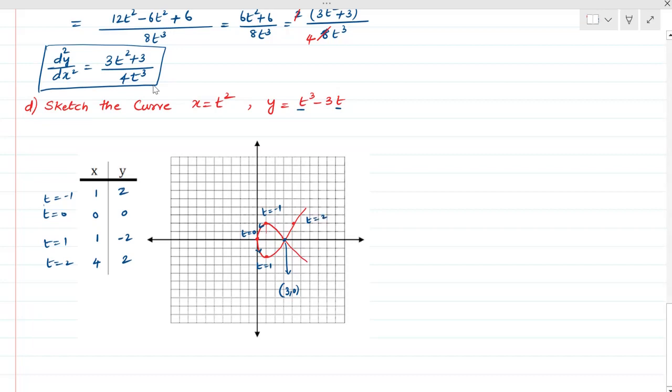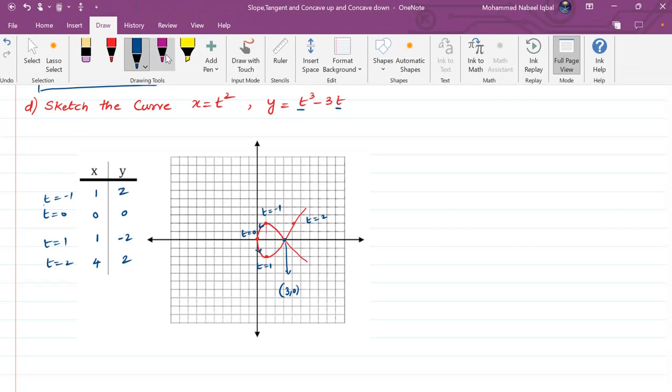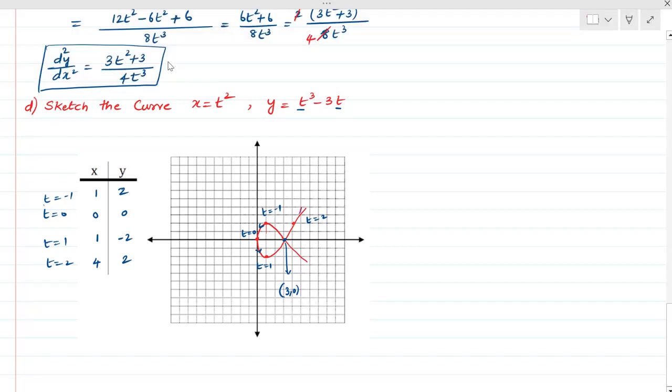And where are the tangent points given? This is the tangent you will have. There are two tangents at this point. One will be like this, and this is the other tangent. So there are two tangents at the point 3 comma 0, and this is the direction. It is moving like this. Thank you.